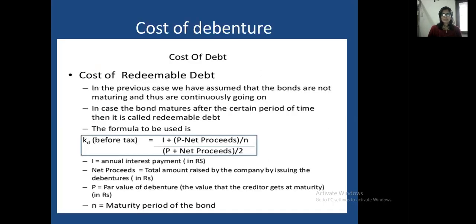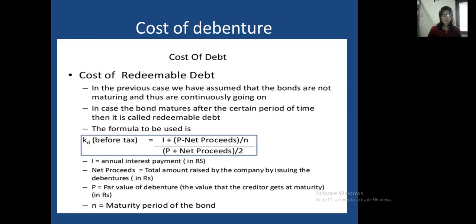Next is cost of debenture. Now, cost of debt or debenture, cost of redeemable debt. Cost of redeemable debt means debt that has to be redeemed after a particular period of time. In the previous case, we assumed that the bonds are continuously going on. In case the bonds mature after a certain period of time, it is called redeemable debt.